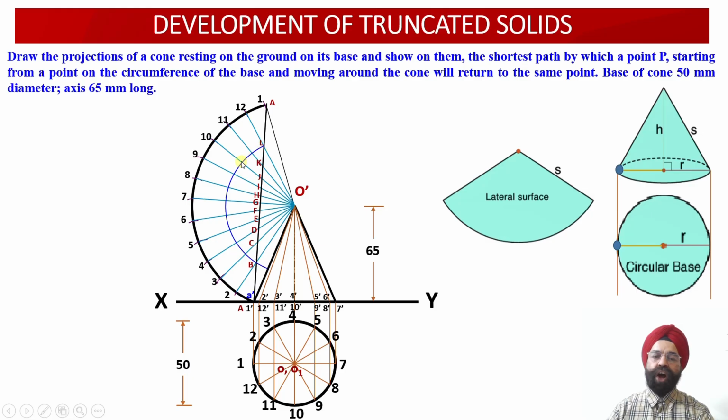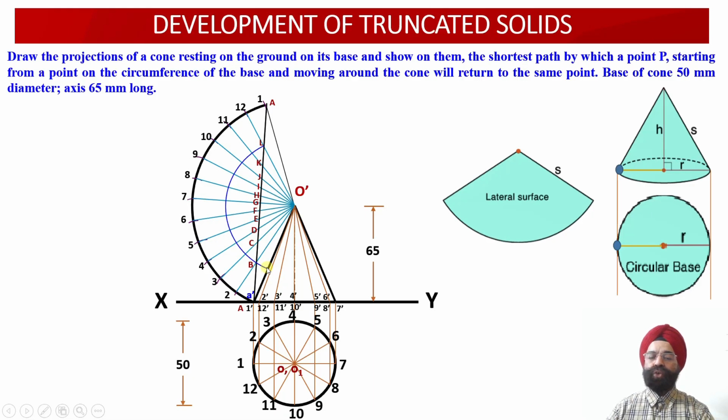Since OL is equal to OB, we draw an arc through point O passing through these 2 points, and then we bring this arc up to the true length of the generator O'1'. So the true length of this cutting point of intersection is obtained on the true length. These points will be B1' and L1'.